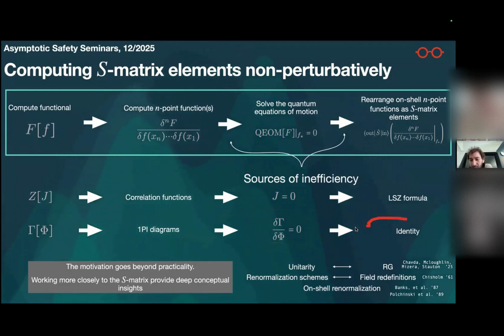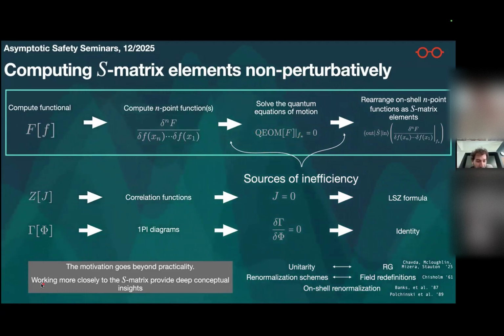And even though this step can be non-trivial, the last step is trivial because my functional dependence is just given by the identity function. Okay, so wouldn't it be nice if we found some sort of functional that makes both of these steps trivial or even non-existent? And this is the motivation to have an S-matrix functional.